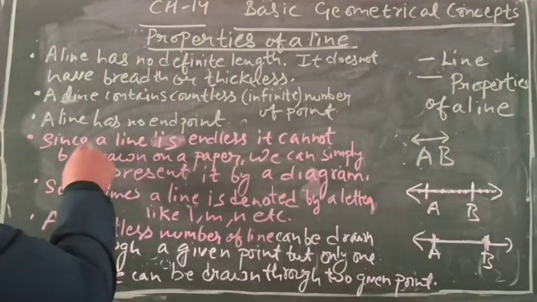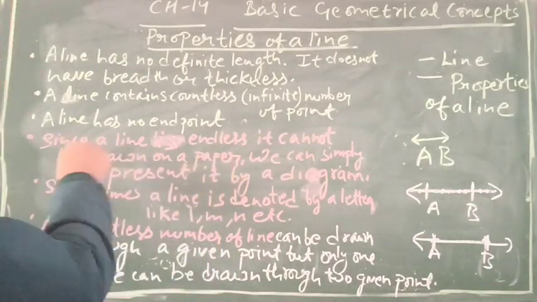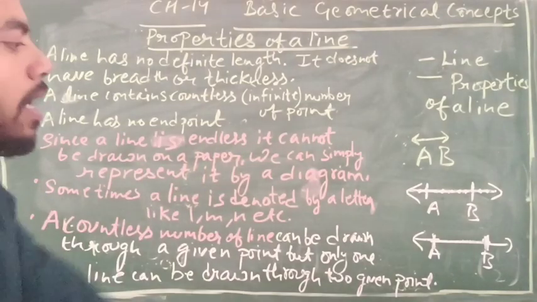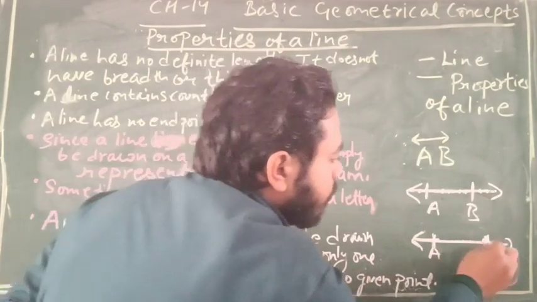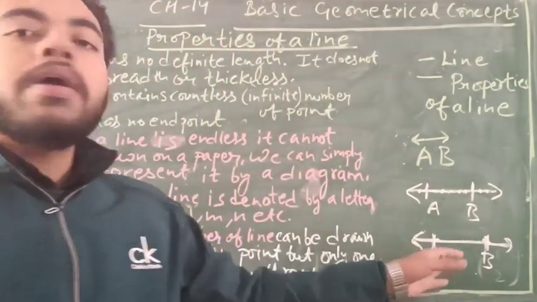Now, since a line is endless in both directions, it cannot be drawn on paper.